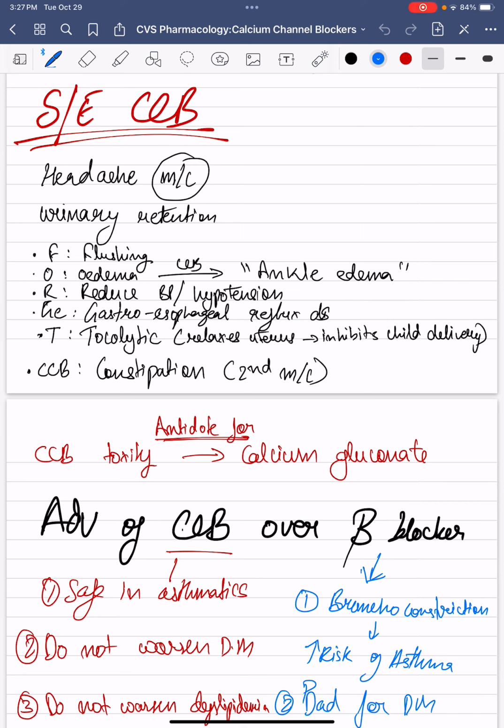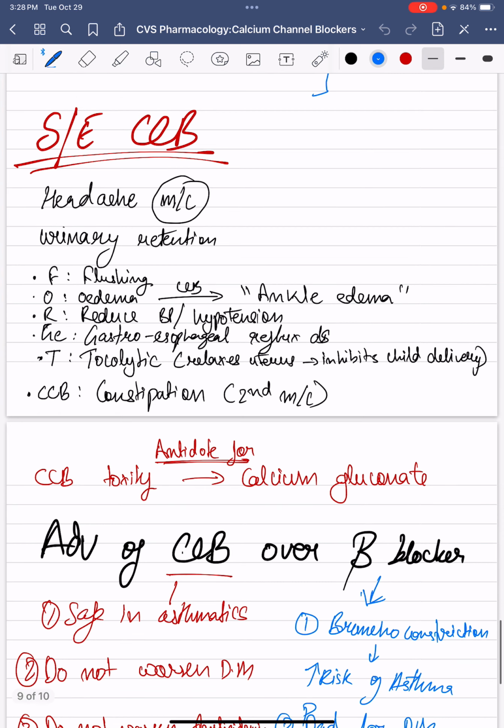It will reduce the blood pressure of the person, so there will be hypotension. There will be gastroesophageal reflux disease, and it also acts as a tocolytic, which relaxes the uterus during child delivery, so there will be fewer contractions of the uterus, and of course they also cause constipation.